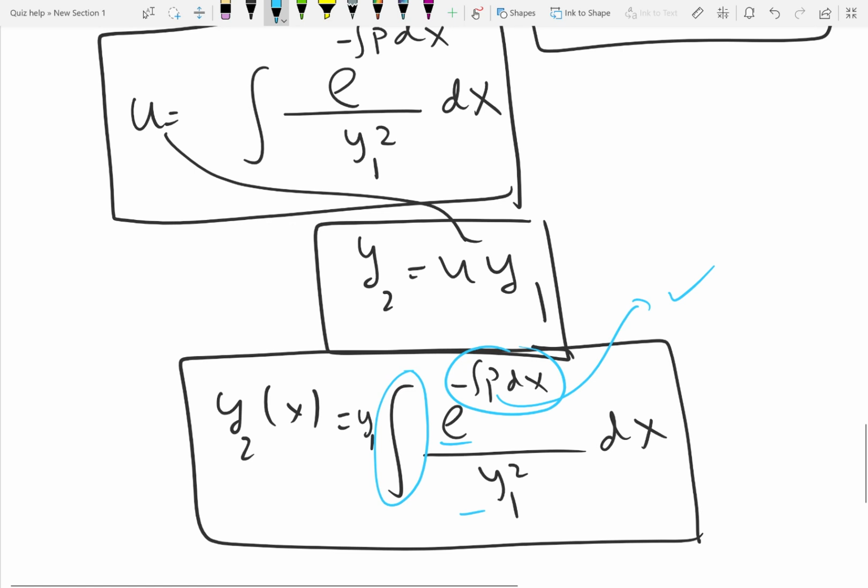Or you have to ask your instructor whether you should go through the process instead of using the formula to solve the problem using the reduction of order method. So check that with your instructor, but I will show you plenty of examples done both ways, using the formula and using the process. What I prefer is using the process.